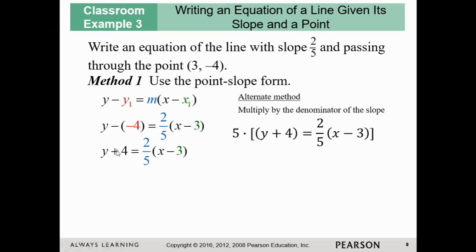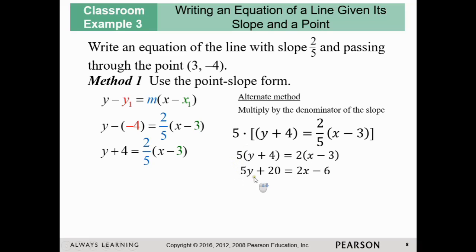So what we do is we multiply everything by 5, which is the denominator of the slope. So we multiply 5 times both sides of the equation. That's 5 times y plus 4. And then notice that the 5 in the denominator of the 2/5 cancels out. So we're left with 2 times x minus 3 because the 5 in the denominator has canceled out.